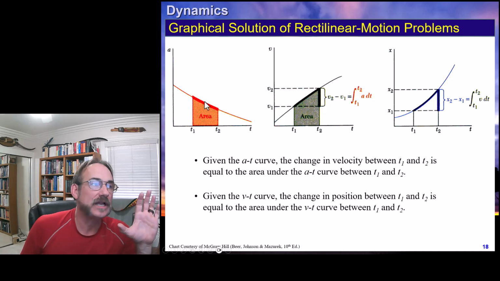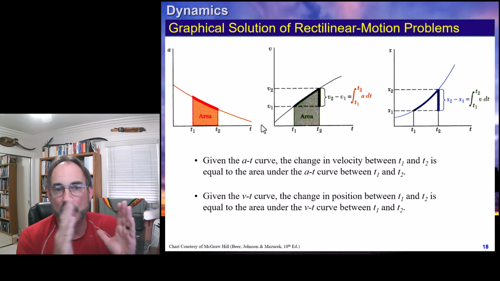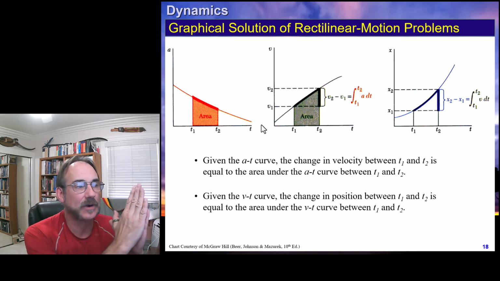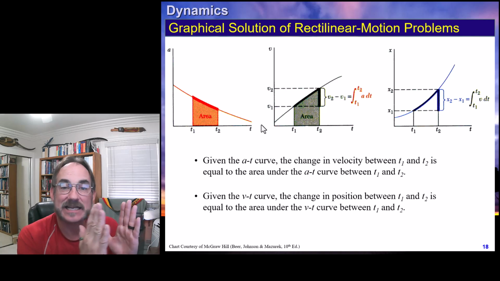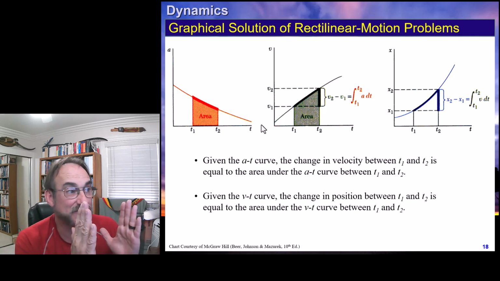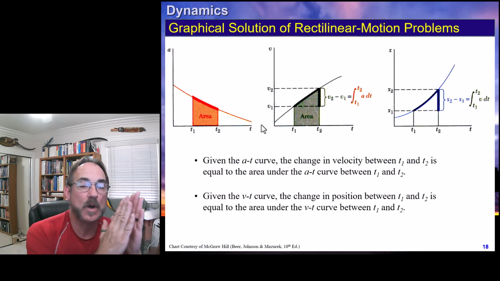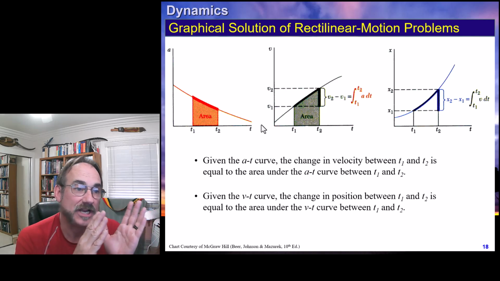We can also look at the area under the curve. Remember, when we're integrating, we're summing up over some difference in time. So if we look at the acceleration-time curve between two time periods, the area under that is going to be our change in velocity, because if we integrate the acceleration, we get the velocity. So looking at t1 to t2, the area under that equates to the change in velocity.